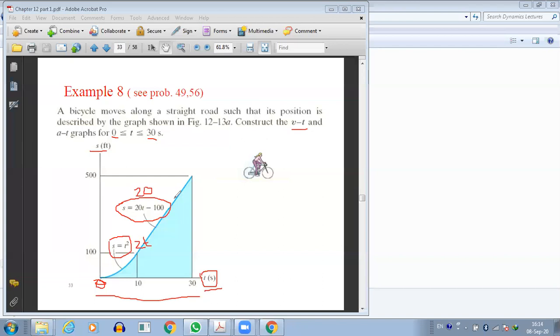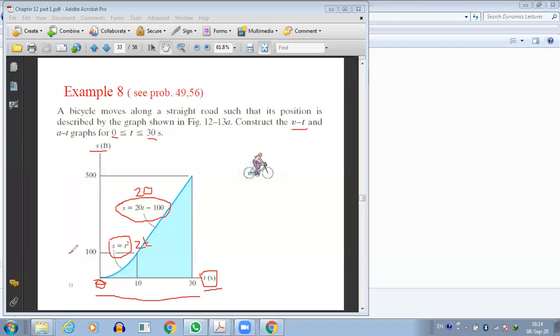Okay. So now I know the velocity equations for both the regions. For the first region, 2t, so it's a function of time. When time is 0, velocity will be 0. When time is 10 second, if I put in 10, 2 multiplied by 10, that is 20.